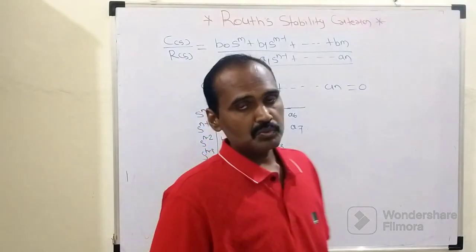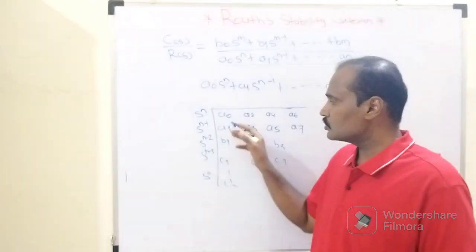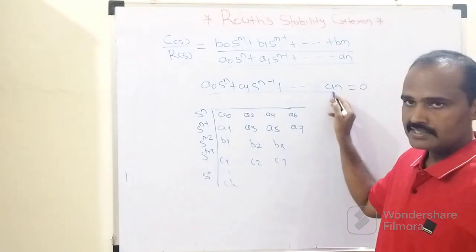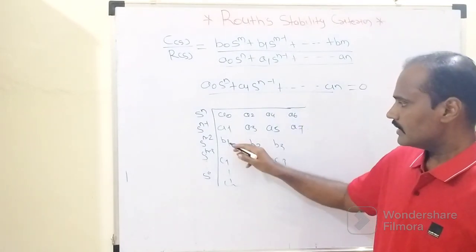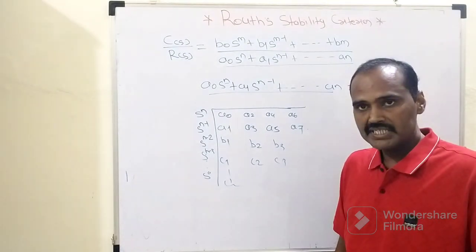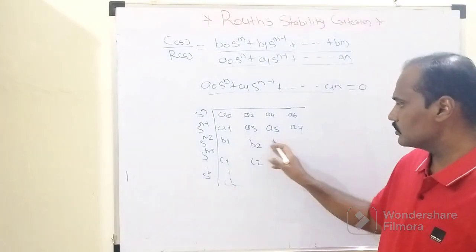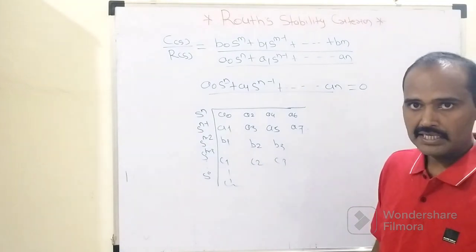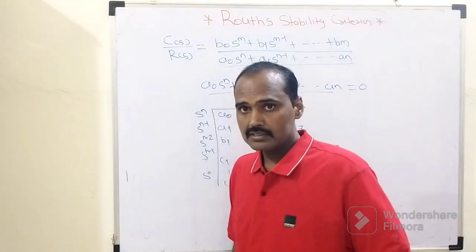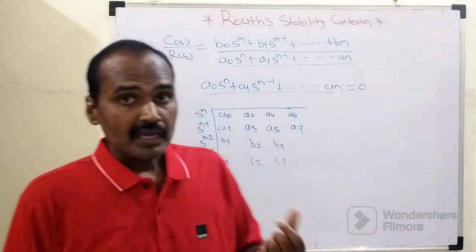Now as far as the first two rows are concerned, these two rows are to be declared with the help of this characteristic equation. And as far as the lower two rows are concerned, which consist of these elements B1, B2, B3, C1, C2 and C3, it is important for us to understand how these unknown elements are to be tabulated.